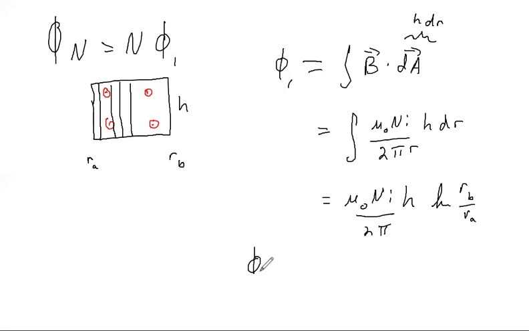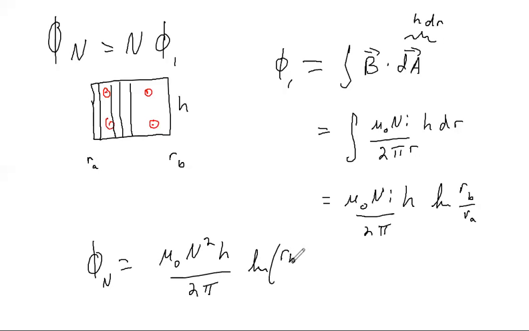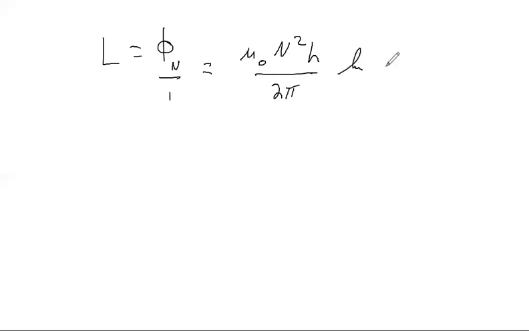So the flux through N turns is simply going to be mu naught N squared h over 2 pi times the log of R_B over R_A times I. And if I divide by the current, saying that the self-inductance is the flux through all turns over the current, that simply gives me mu naught N squared h over 2 pi times the natural log of R_B over R_A. And that's the formula for the self-inductance of a toroidal solenoid.